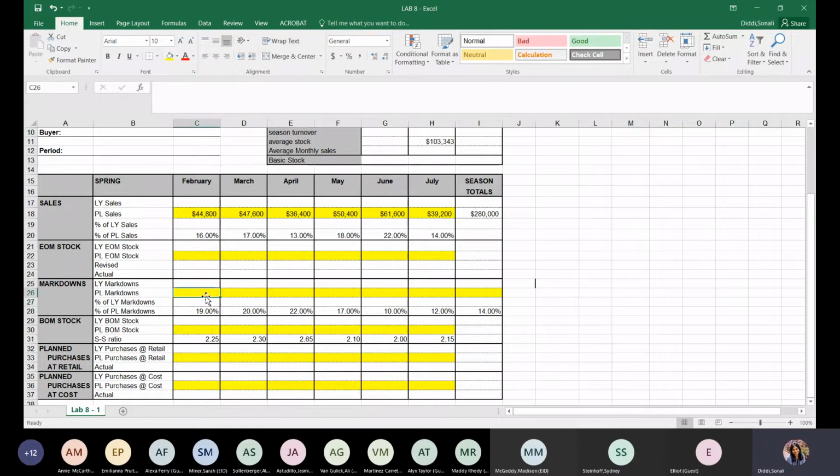Okay. Go ahead and calculate your total markdown, season total. And then take the monthly markdown percent times total markdown dollars.